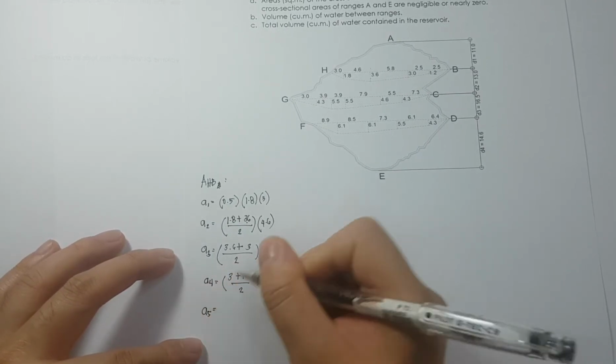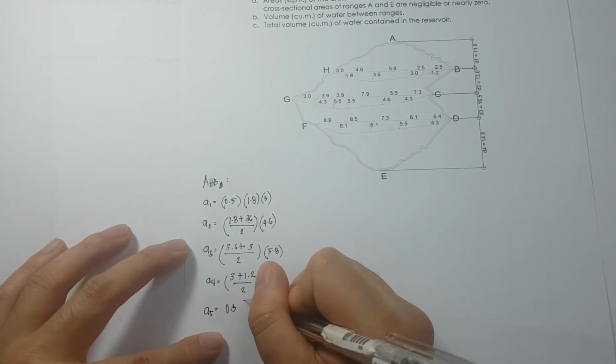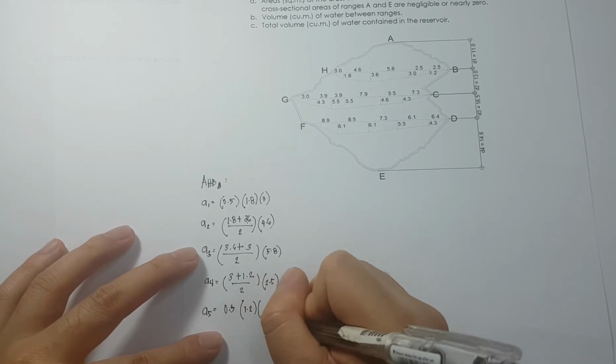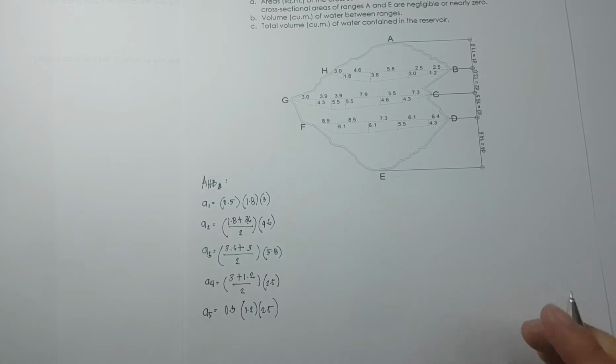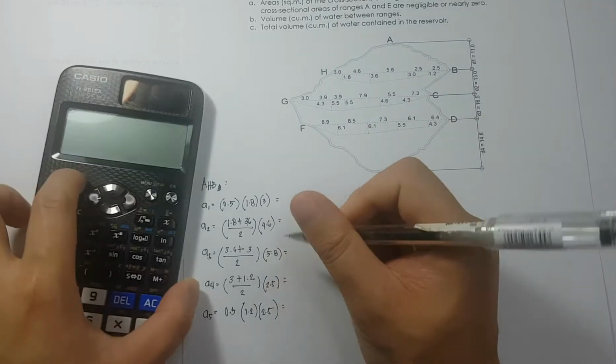Then area 5 is equivalent to 0.5 because that is a triangle times the depth of 1.2 times the span of 2.5. Okay? So, isolve na natin yung mga area.